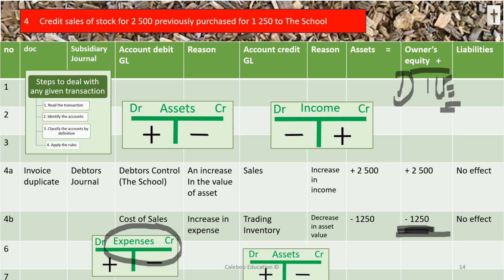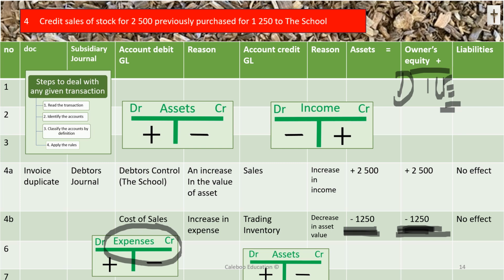1,250, minus 1,250. And what happened to the value of the inventory that we have on hand? The inventory left the building. It's been delivered. Stock has decreased by 1,250, minus 1,250.